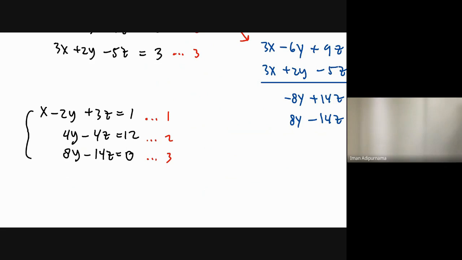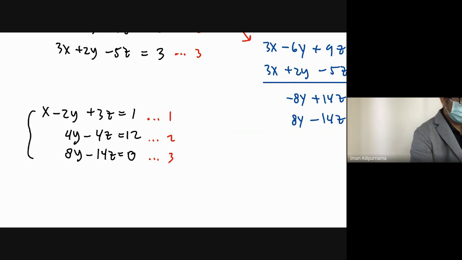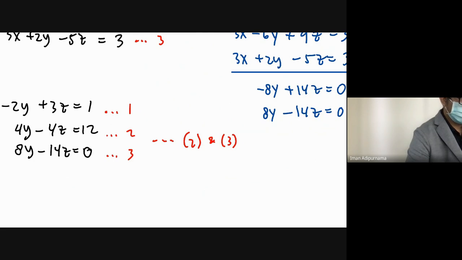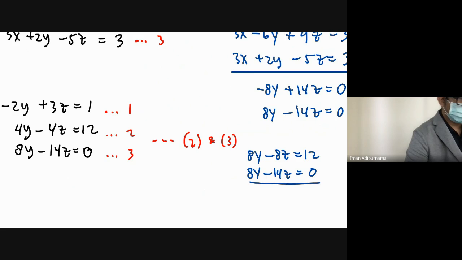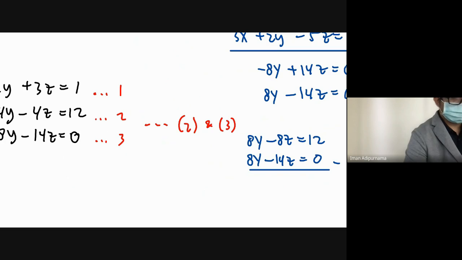Okay. Now we can solve this y and z, right? If we can solve this y and z, we can multiply this with 2 so that we can eliminate y. So 2 and 3, we can have 8y, and this will be 6z.